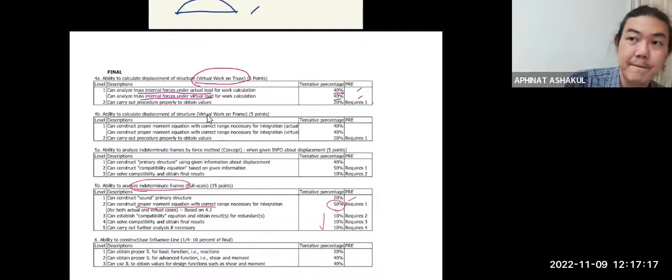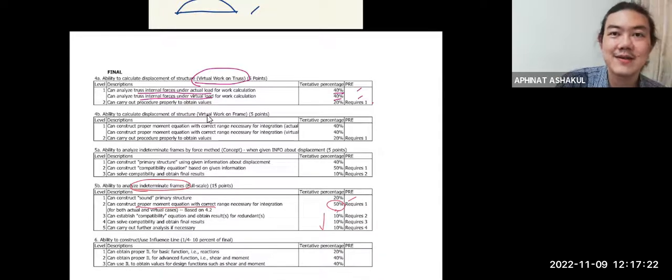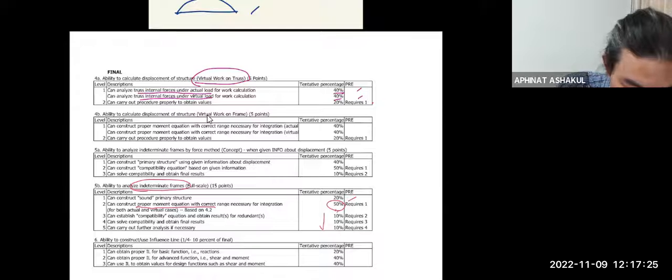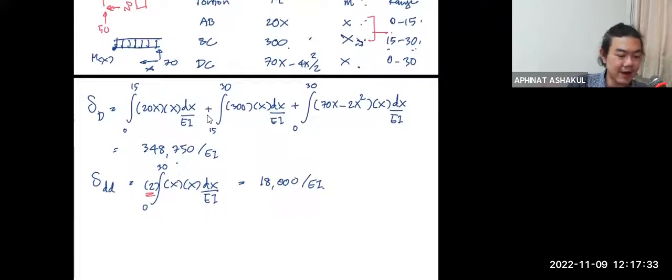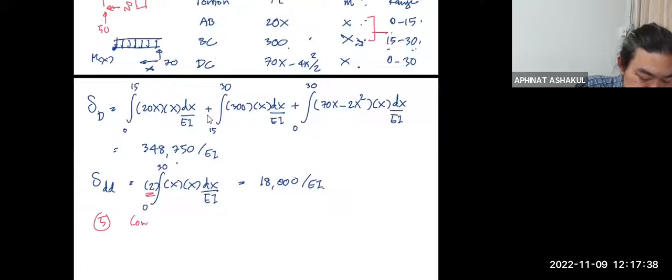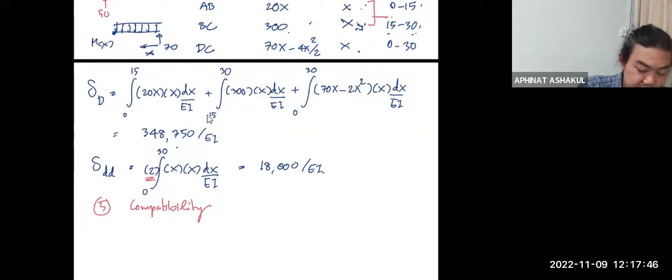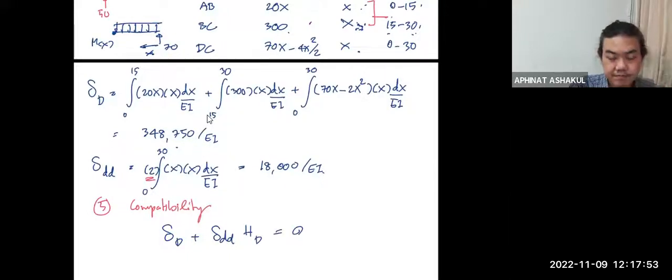Focus here. You don't have to take note of this, the information is given to you right at the beginning of the class. Okay, let us come back here. So now, if you come this far, you can write your compatibility. Now it is delta D plus delta DD multiplied by HG equal to 0.